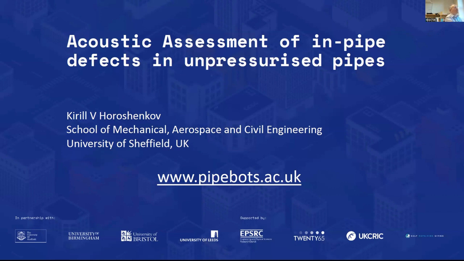So I'll start for the first few slides to give you some idea of what we've done in Pipebots, which is a large UK project whose main aim was to develop acoustic robotic platforms to do autonomous inspection of both sewer and water supply pipes. Part of the project was to look at developing different types of sensing techniques.